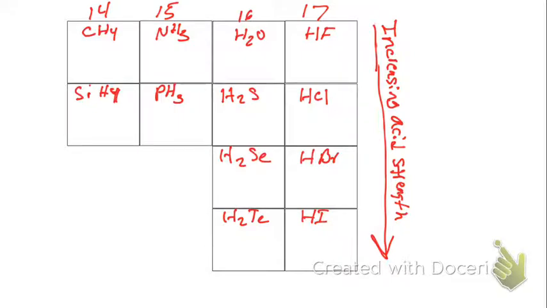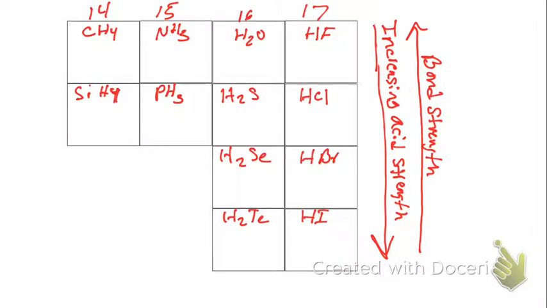Remember, so we could say the bond strength decreases, but the stability of the anion increases.